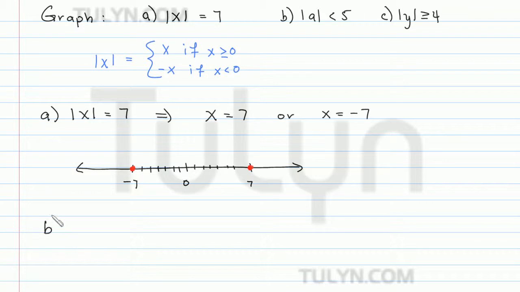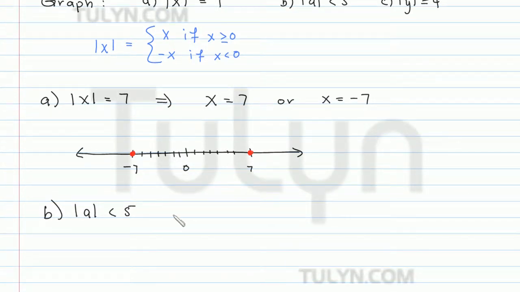So that was part A. Part B, absolute value of a is less than 5. So now taking the same definition of the absolute value, we know that a is less than 5 or negative a is less than 5. So we have to consider both the cases where it's positive or where it's negative.